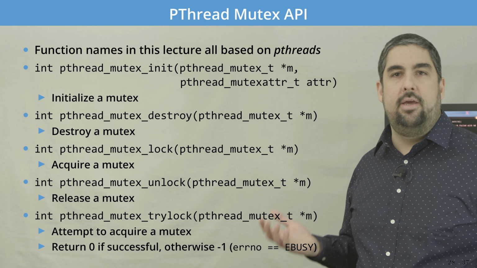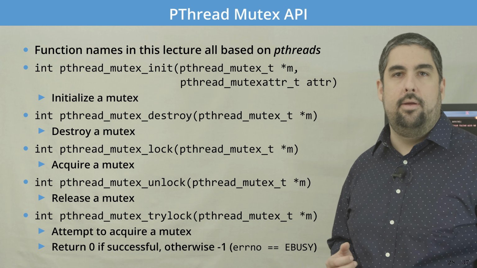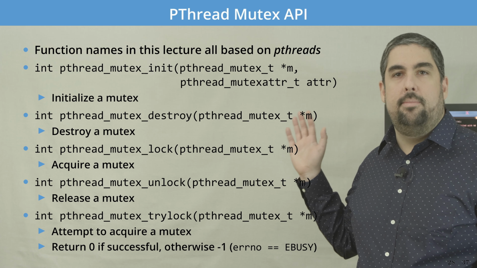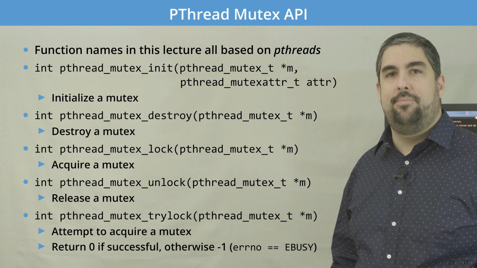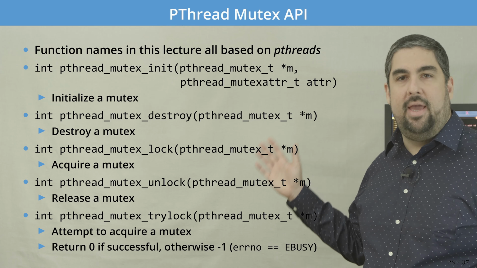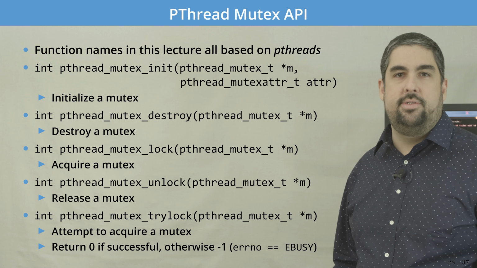As you'll be using pthreads in your assignment 1, we're going to use the same pthreads locking primitives throughout this lecture. So here we have the basic mutex operations that can be done.